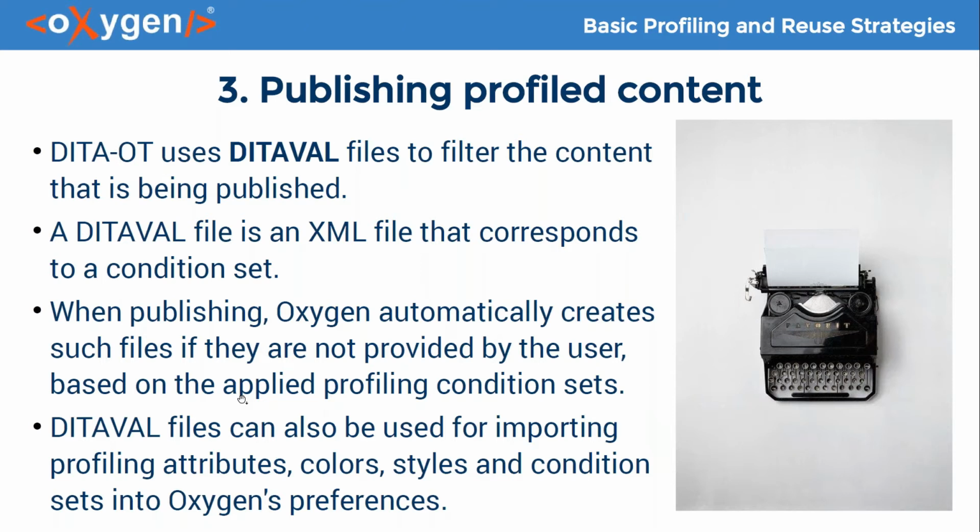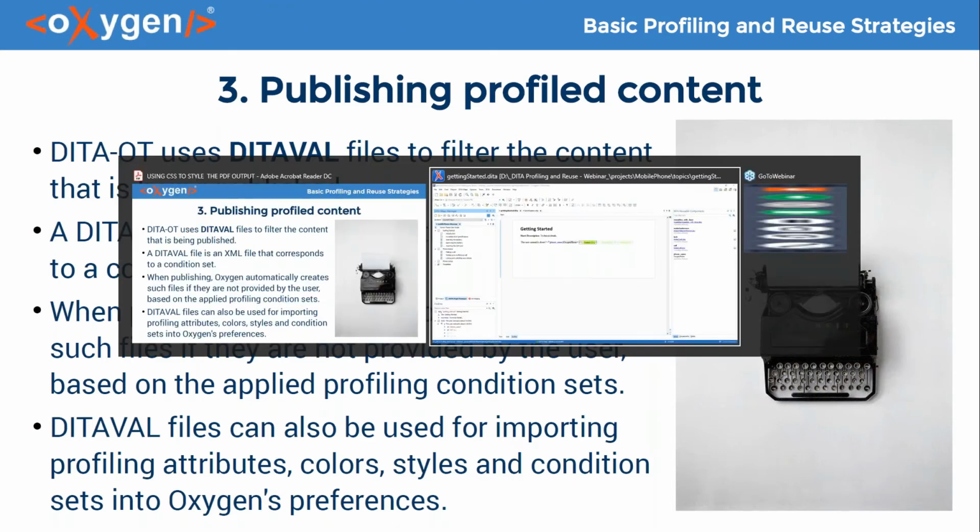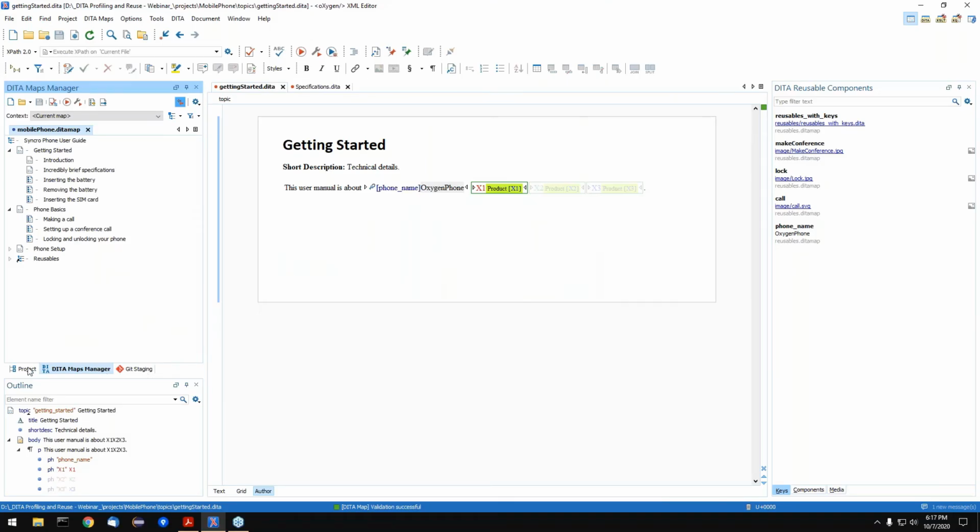And DITAVAL files can also be used in Oxygen for importing profiling attributes and condition sets and colors and styles into Oxygen's preferences. So let's see how a DITAVAL file looks like.